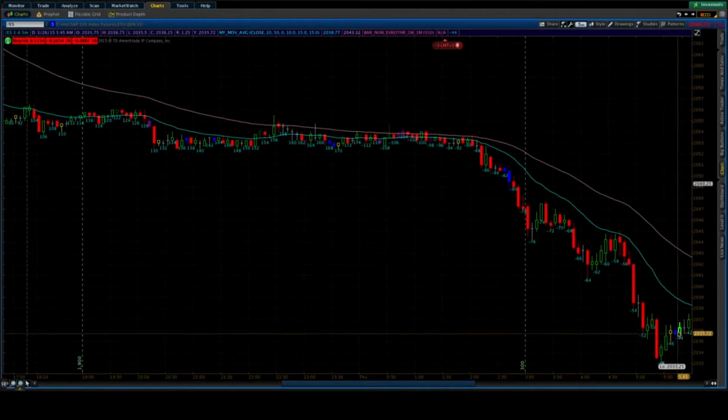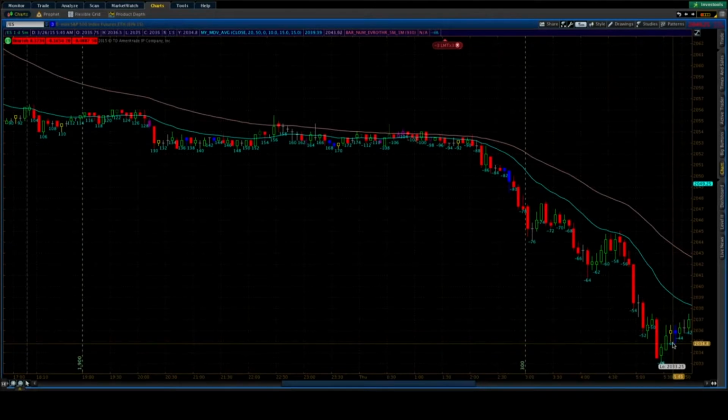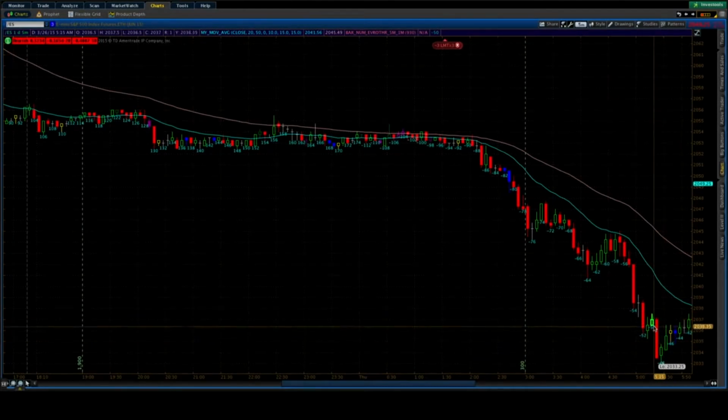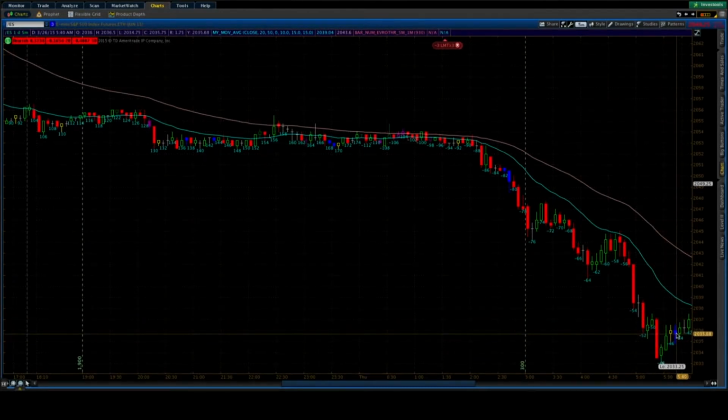Here, these two bars, minus 46 and minus 45, are more indications that this energy is dissipating and going away, basically.